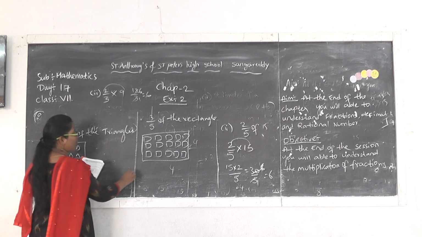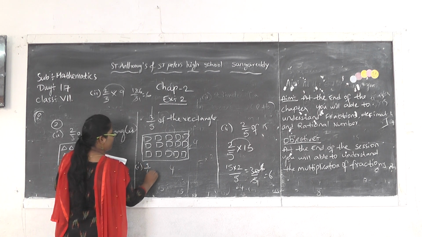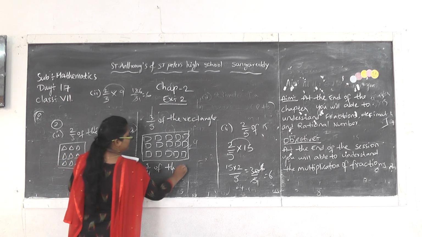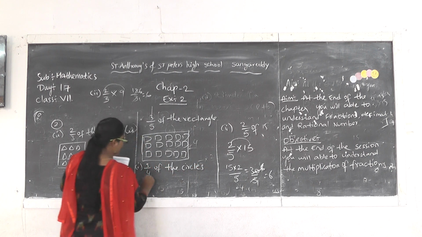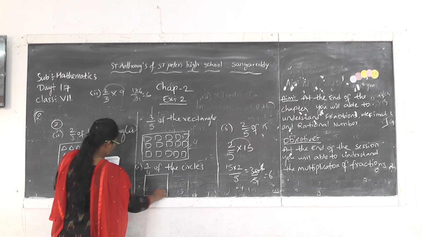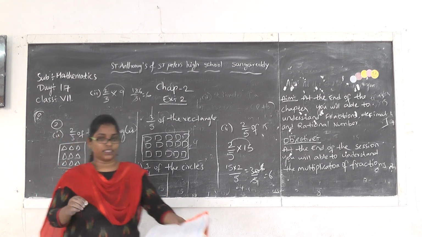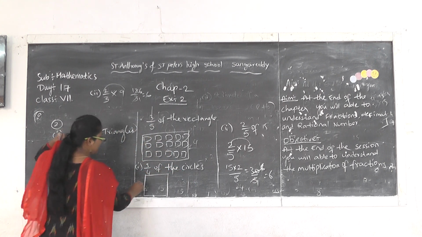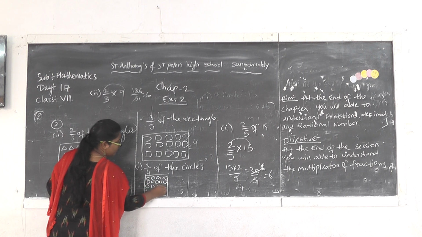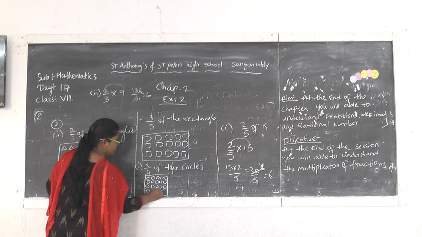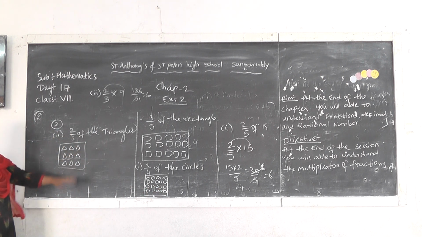Next, 3 by 4 of the circles. There are a total of 20 circles. Okay, so these 3 questions are your homework. You have to solve them.